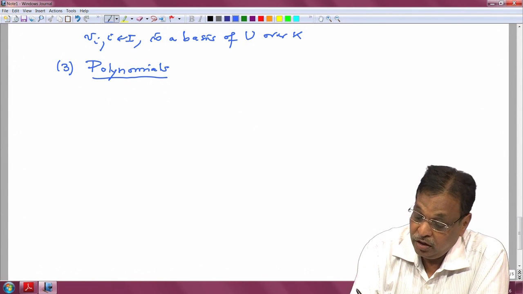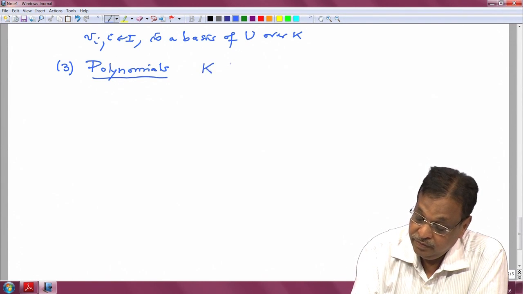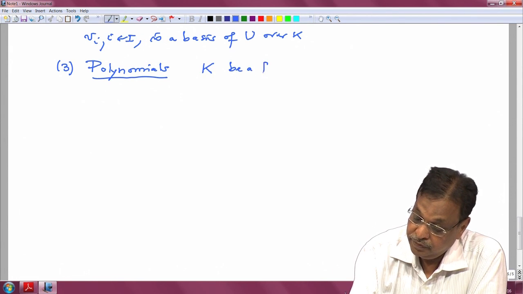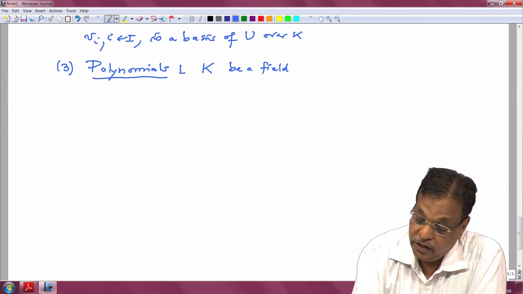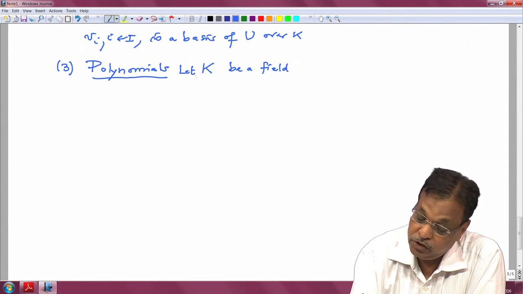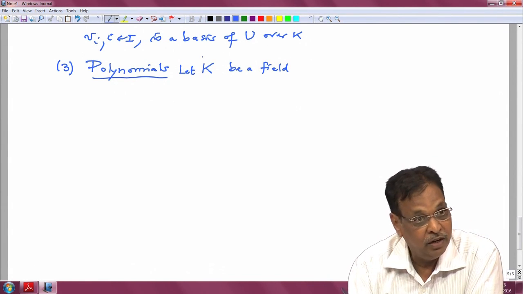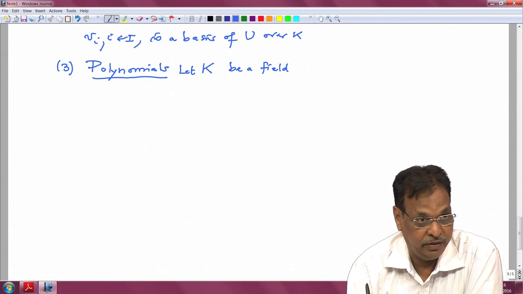So let K be a field, and actually one can do this more generally, you don't even need to assume that K is a field, but I will restrict in this course only to fields.